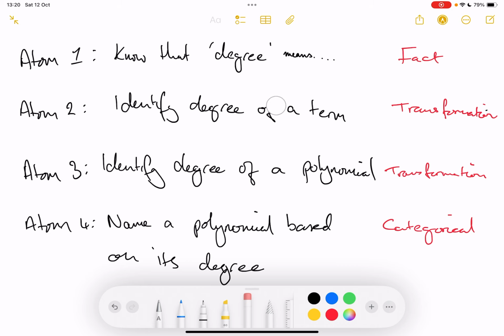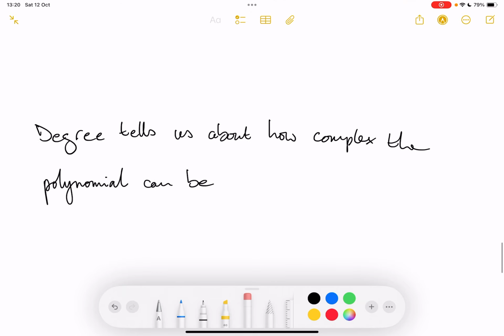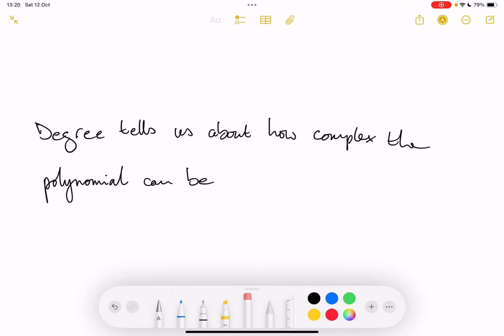And I'm prepared to go down one level and just offer this fairly simple fact. The degree of a polynomial tells us about how complex the polynomial can be. Now, this has its problems. Facts connect concepts, and if the concepts are all known and understood already, then the fact will be understood.